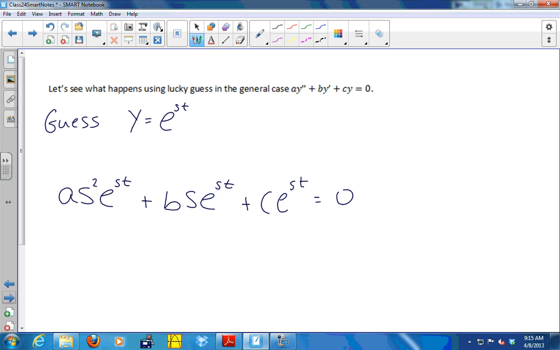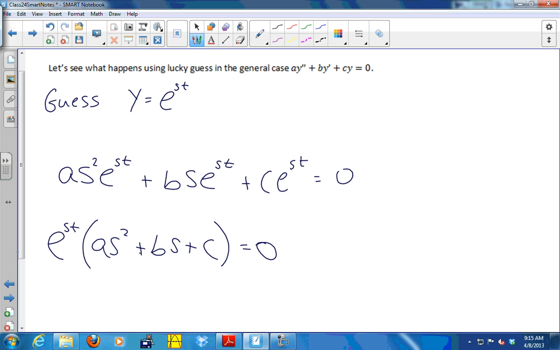Factor out e to the st, and I get a s squared plus b s plus c equals 0. And that's our characteristic equation, the characteristic polynomial. It turns out you can read it right from the ODE: a times s squared plus b times s plus c equals 0.